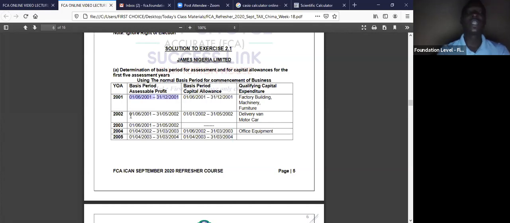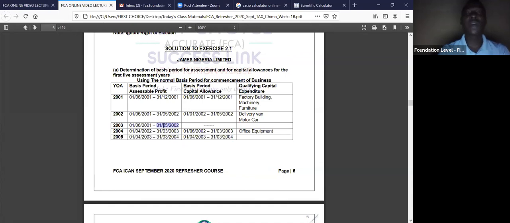For the second year, we are also told that it's going to be from the date the business started, you count 12 months. That's it. For the third year, it's supposed to be from the date the business is bringing its account. In this question, they are bringing the account to March.